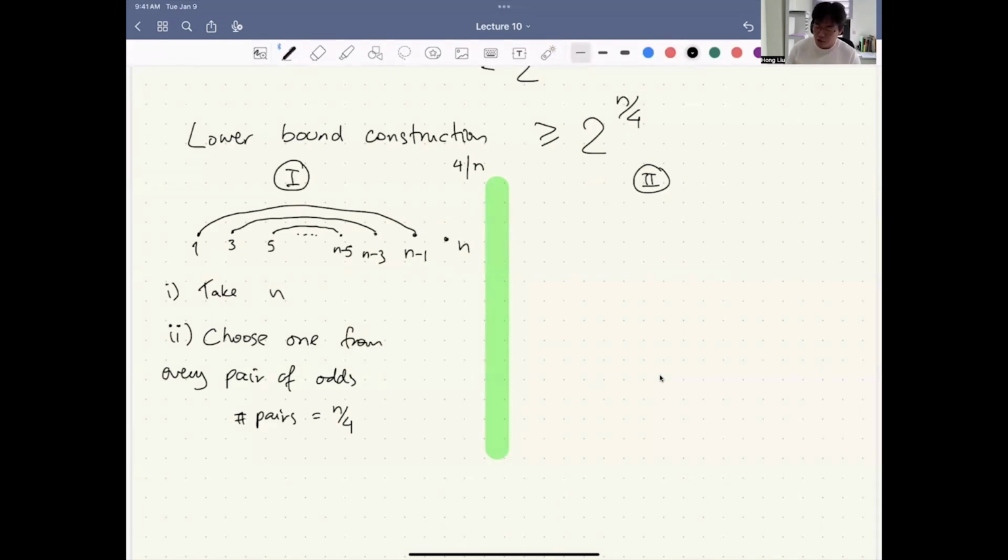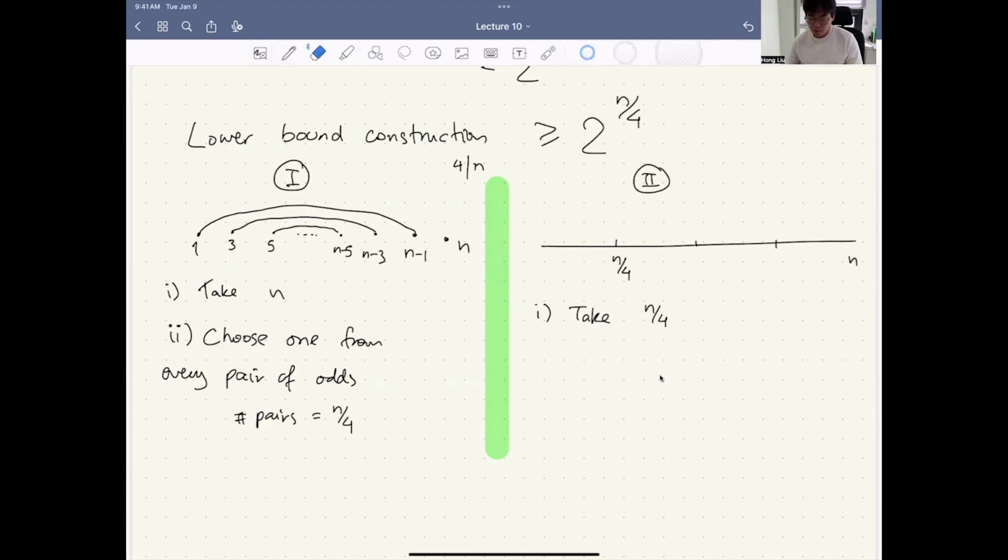The second construction, we pair things up in a different way. So this is n. We're going to take the element n over 4. Now, by taking n over 4, we pair up the third and fourth quarters. What does it mean?